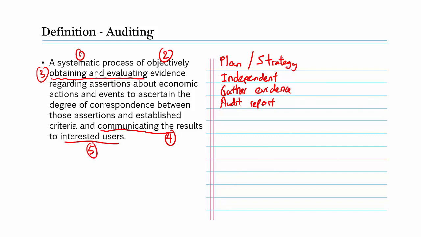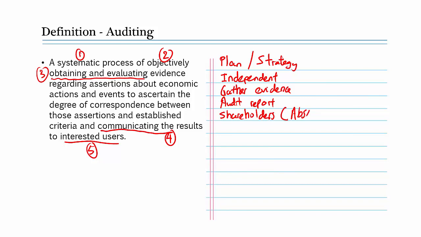The last big word here will be interested users. The financial statements will be used by many different people, but primarily our auditors' duty is to the shareholders. So this is what we called earlier the principals, or the absentee owners.